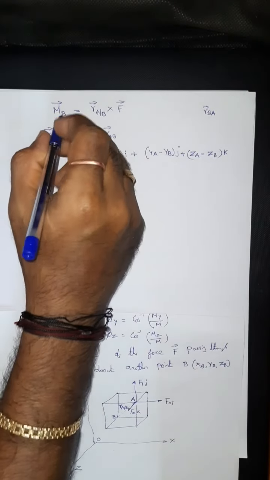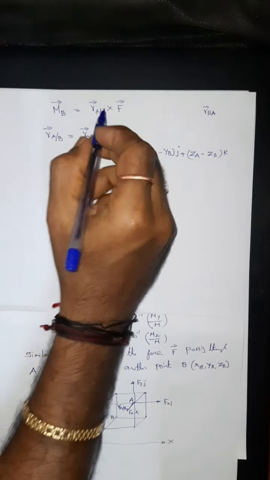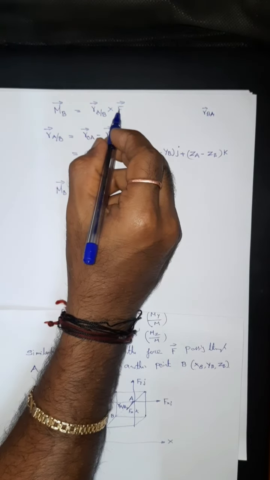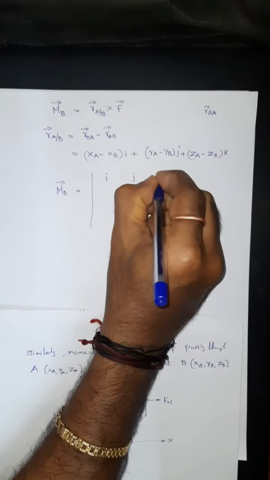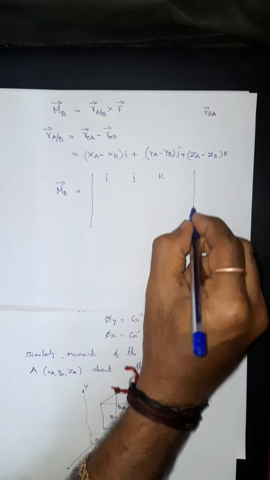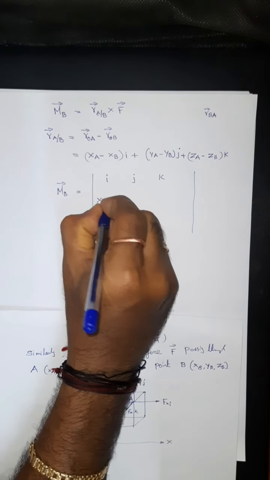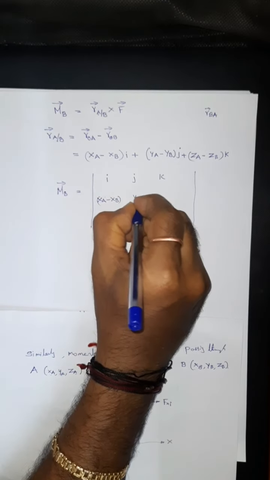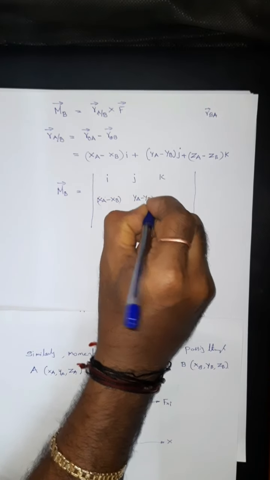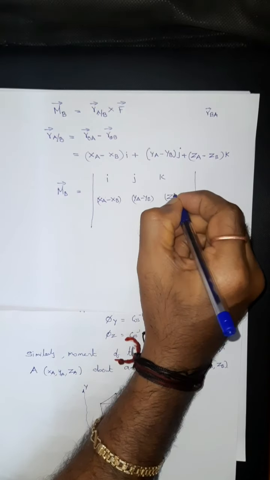So moment about B, since it's a cross product, is our position vector cross force vector, which can be represented by the ijk components, isn't it? The next line is for the position vector, so for x direction, xA minus xB, and this can be written as yA minus yB, and for this zA minus zB.